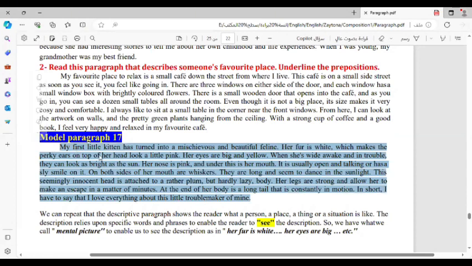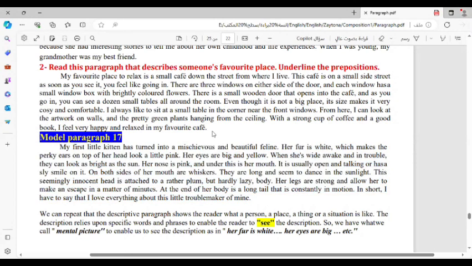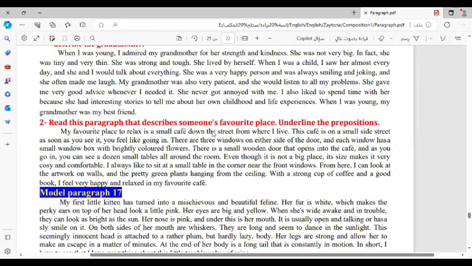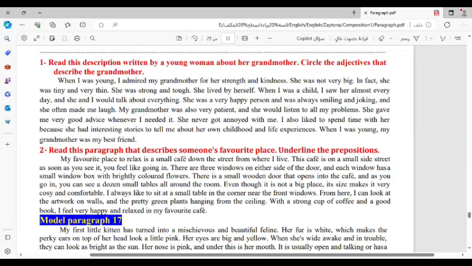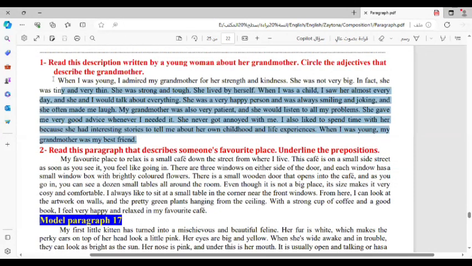You know kitten, which is a little cat. So maybe he is describing the appearance, the shape of somebody, or the character or personality of his grandmother. Okay, so let's read one of them as an example, to see how we use words or adjectives in order to describe somebody or some place.